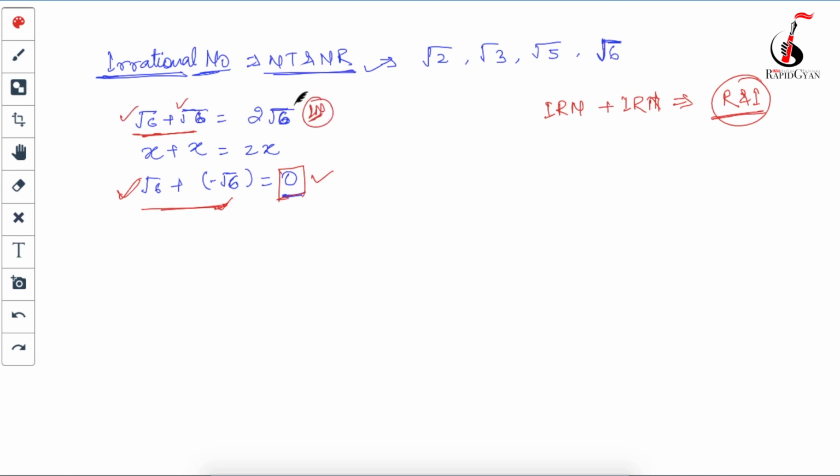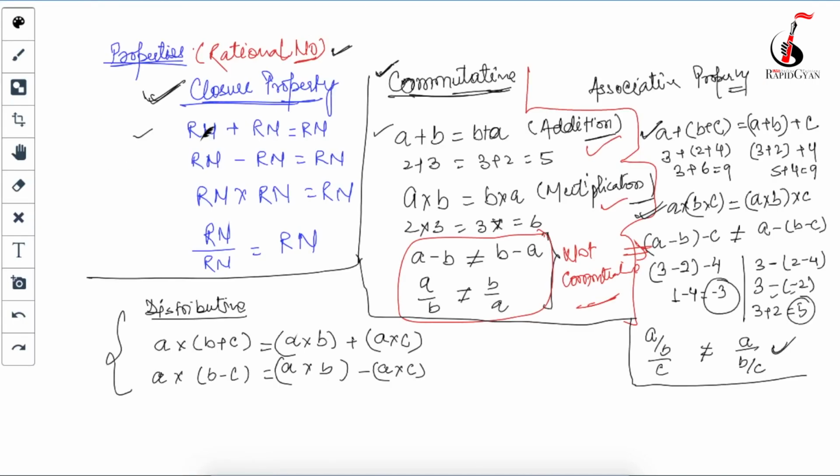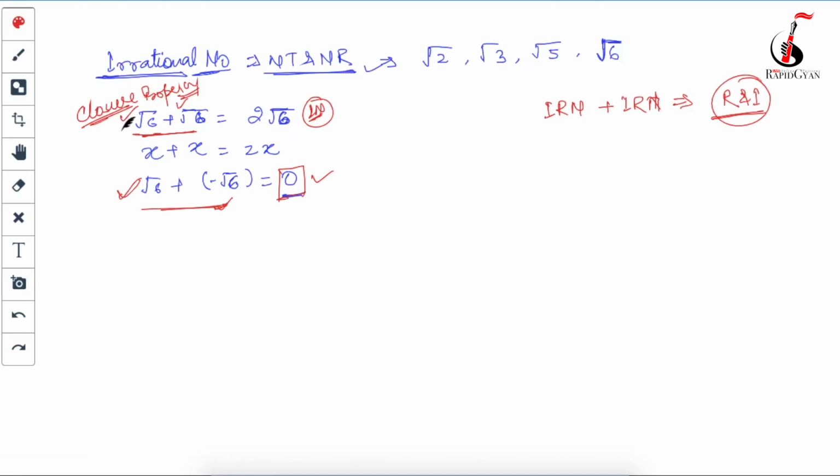Okay. So it means it does not support the closure property of addition. Look here, beta. What was your closure property? For rational numbers, addition of two rational numbers will give you a rational number, but here addition of two irrational numbers will not always give you an irrational number.